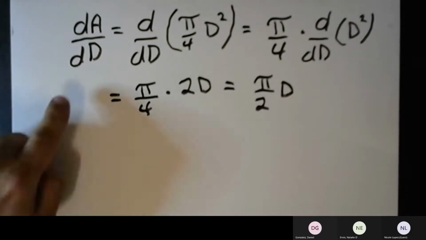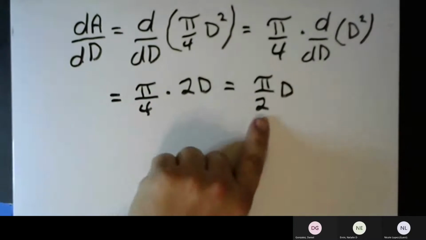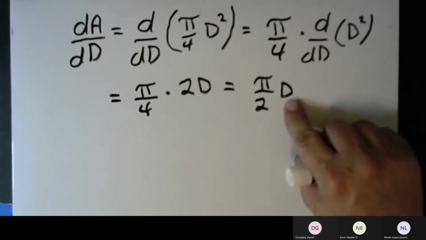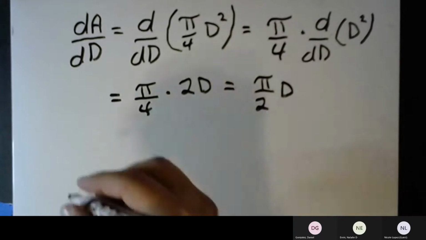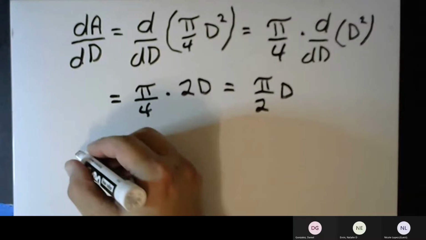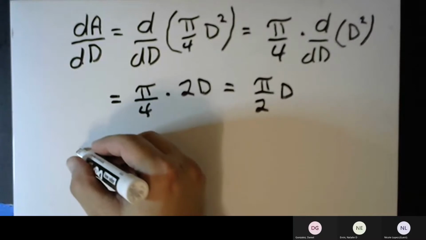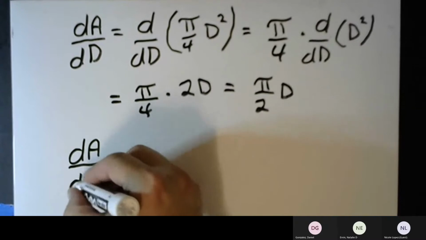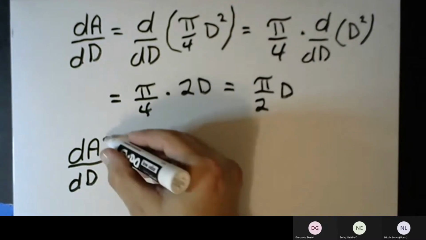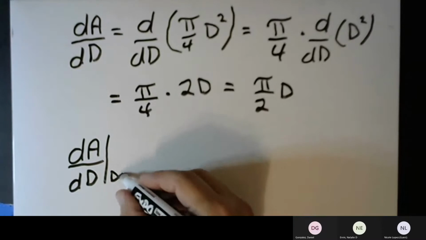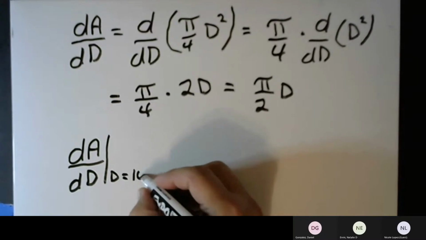So this is going to give us the rate of change of the area. Now, this is in terms of diameter. It's interesting because it's not in terms of time. You think of area changing over time, but in this case, we're thinking of it changing with respect to diameter. So what we'll do to find out this rate of change at 10 meters, remember this notation.